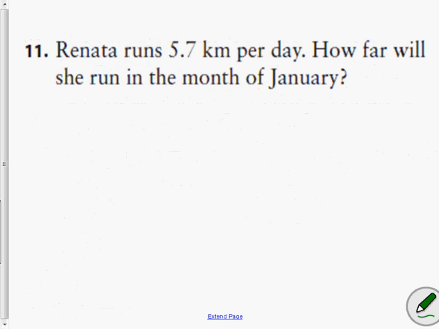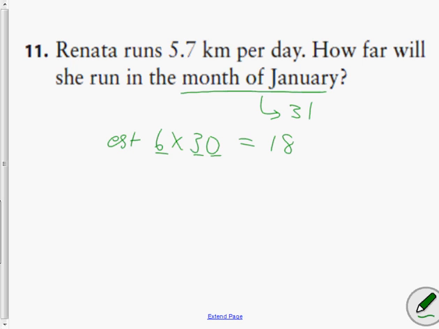Question 11 says, Renata runs 5.7 kilometers a day. How far will she run in the month of January? So it kind of asks you, do you know how many days are in January? And there's 31. So an estimation will be 6 times 30, which I can do mentally because 6 times 3 is 18, plus your 0 makes it approximately an estimation of 180 kilometers.